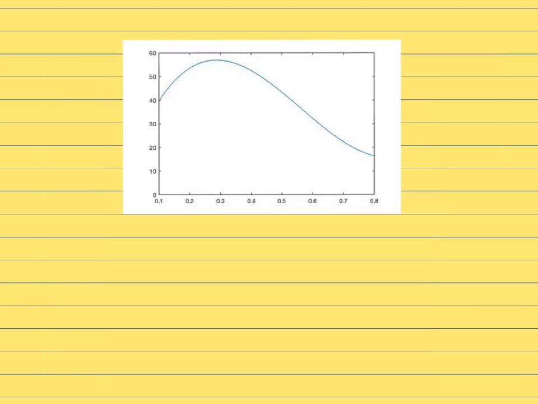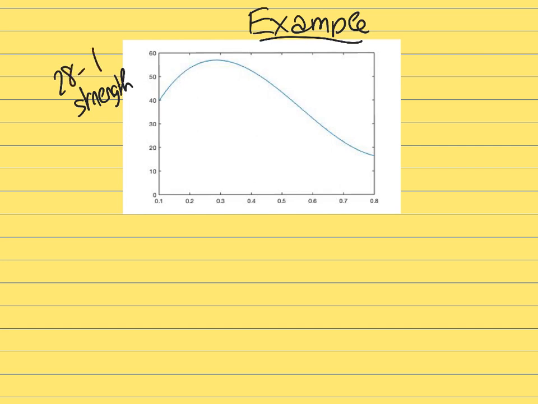To illustrate the issue of underfitting and overfitting, let's consider an example. Let's assume that your goal is to predict the strength of a given concrete after 28 days. After you mix some cement and some aggregate with some water, the concrete will develop some strength, and you measure that strength after 28 days.